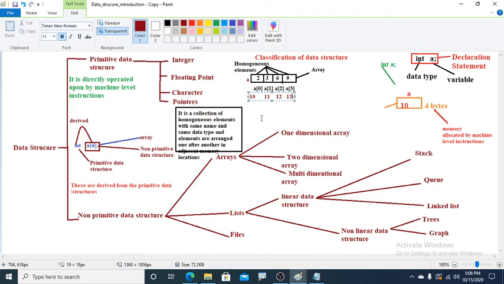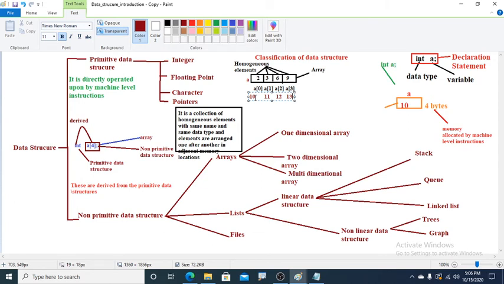So 10, 11, 12, 13. Adjacent memory locations means 10 after 11, 11 after 12, 12 after 13, not 10 after 12 or 11 after 13. It is arranged one after another in adjacent memory locations.